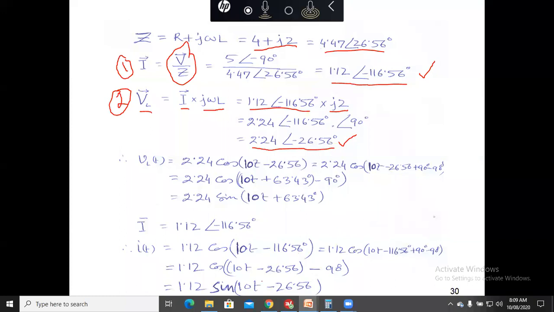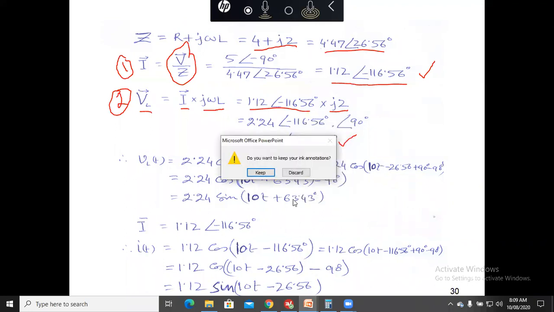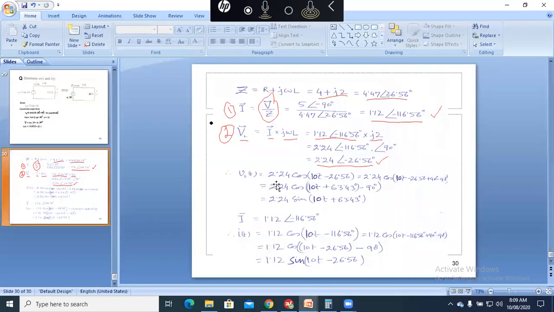The value of current is 1.12 sin(10t minus 26.56 degrees), and the value of voltage across the inductor is 2.24 sin(10t plus 63.43 degrees).